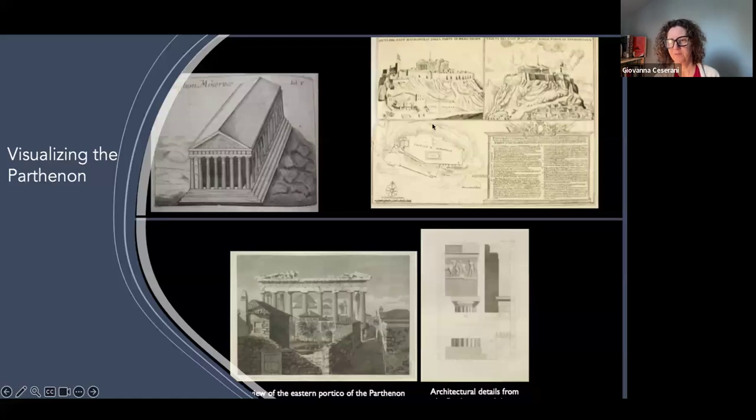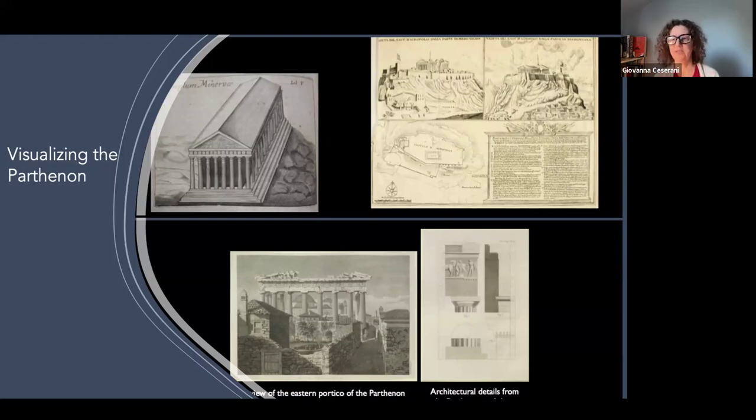And on the top right, you have the account of the bombing in 1687 that destroyed much of the Parthenon during a war between Venetians and Turks. But on the other hand, it has a tremendous lack of details, very fanciful representations of the figurative representations on the Parthenon, and really this tiny, tiny image.